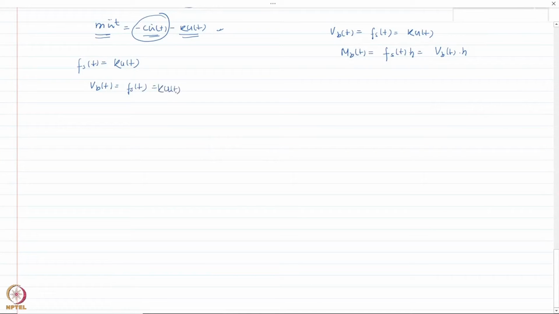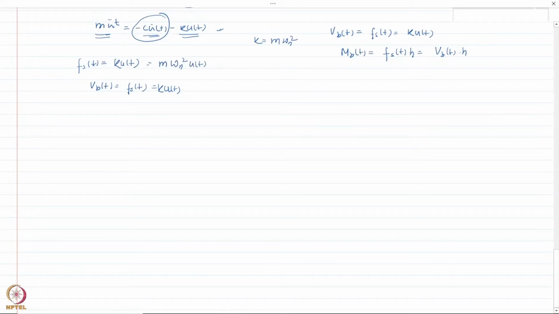Now one more thing can be done here. If you look at this expression, k can be written as m omega n square. Remember k is nothing but m omega n square, so I can substitute it here and write it as m omega n square u of t.